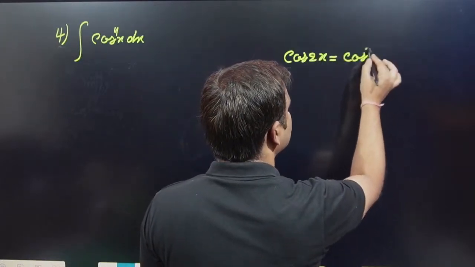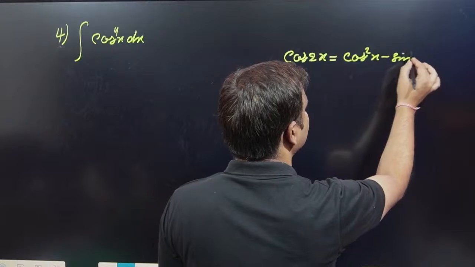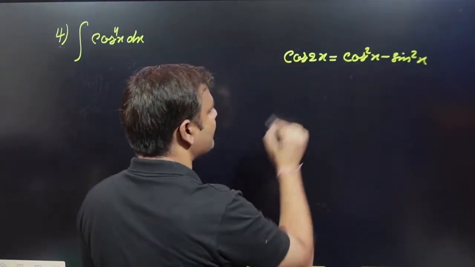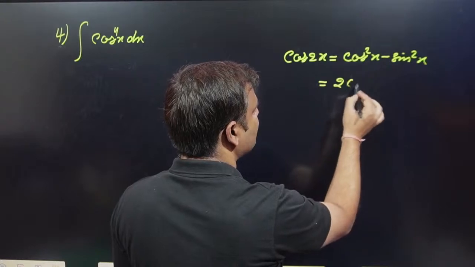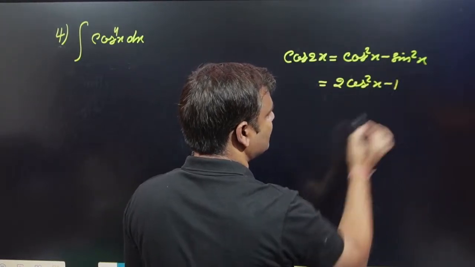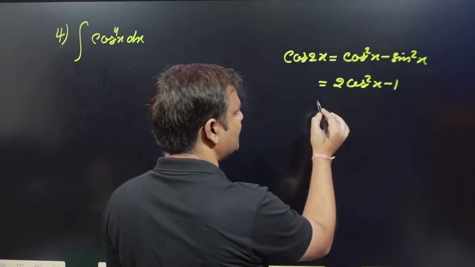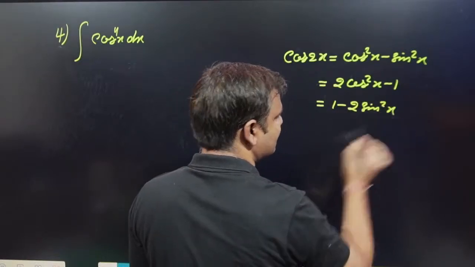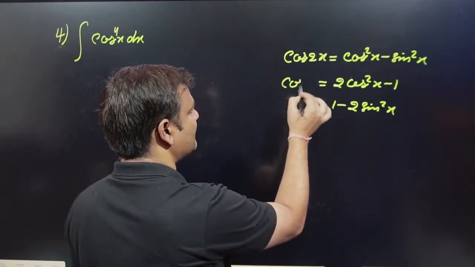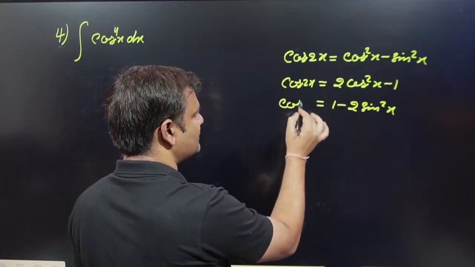Cos square x minus sin square x, and another formula is 2 cos square x minus 1, another formula is 1 minus 2 sin square x. Here cos 2x, here cos 2x.